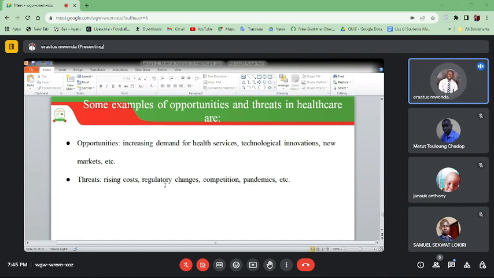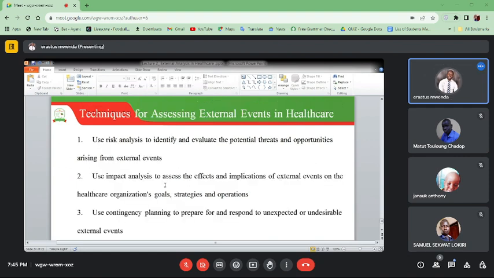And in terms of threats, we could have issues around rising costs, and regulatory changes contributed by different government setups that are coming into leadership.